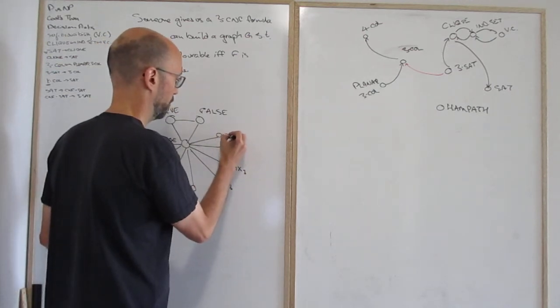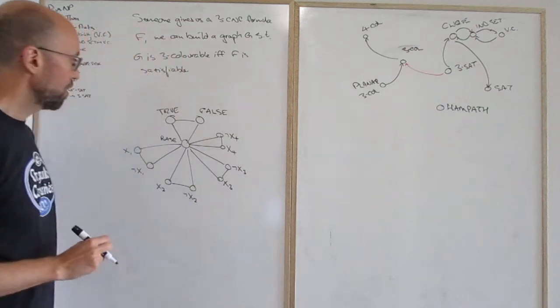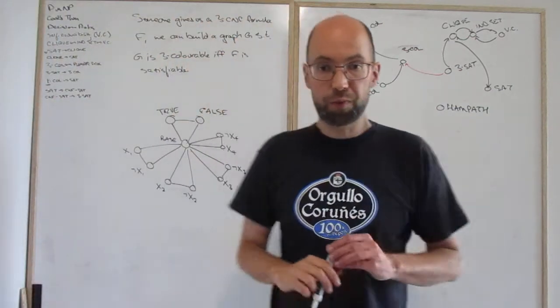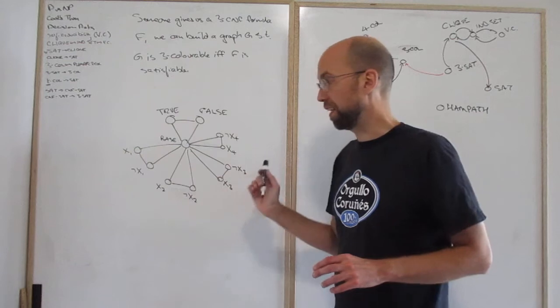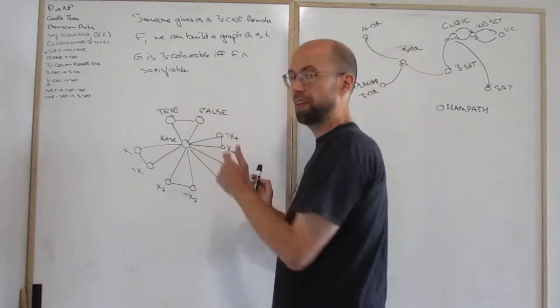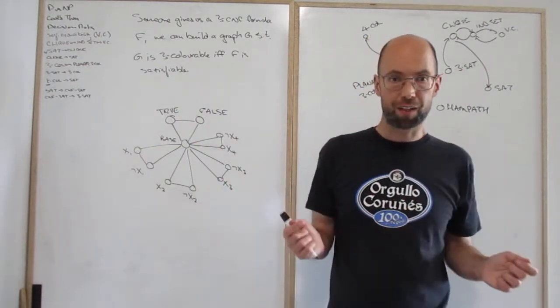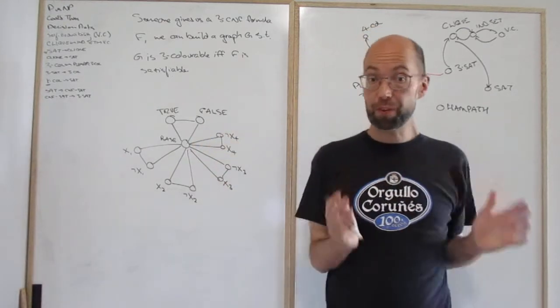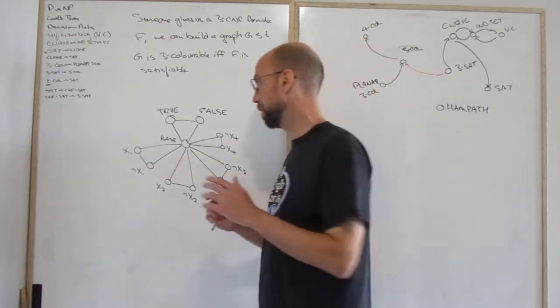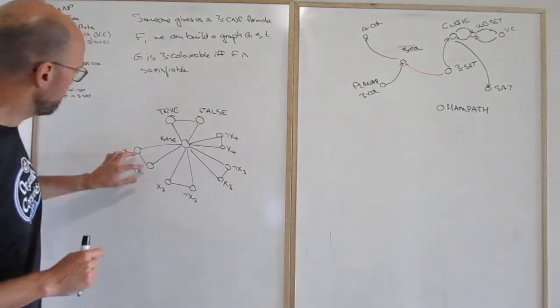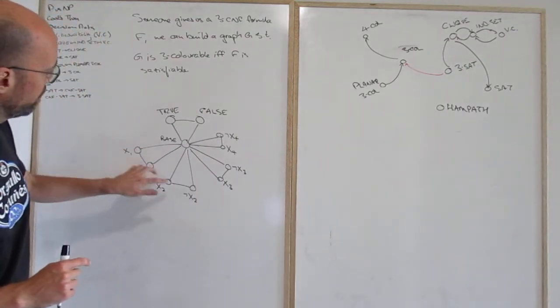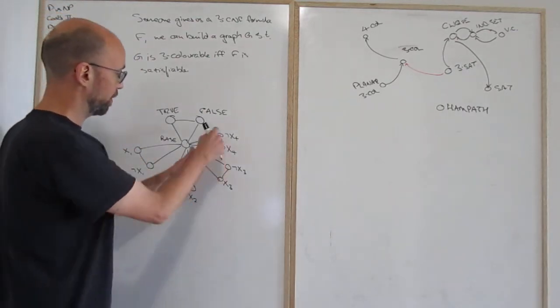x4, not x4. Okay? So does everybody see that if you want to three-color this, true has to get a color, false has to get a different color, base has to be a different color than all of those, and then both of these. And that means one of these has to be a different color than the other and different from base.